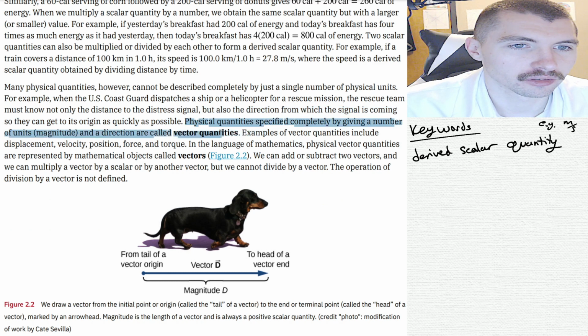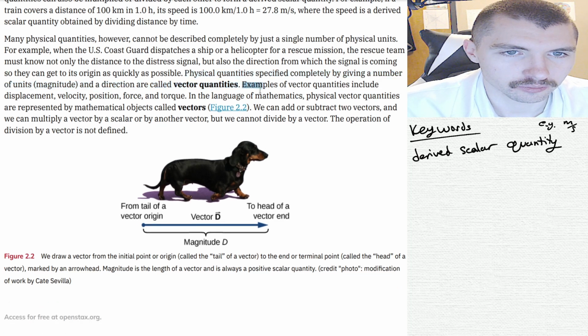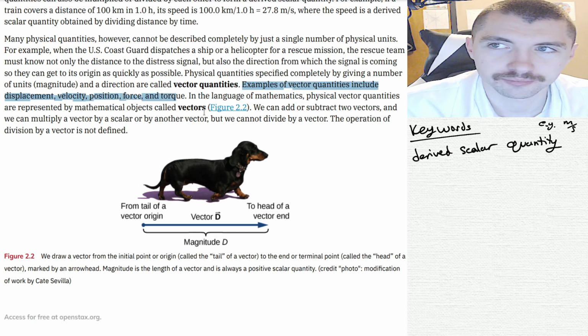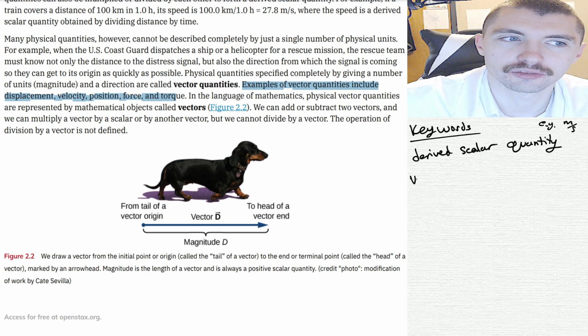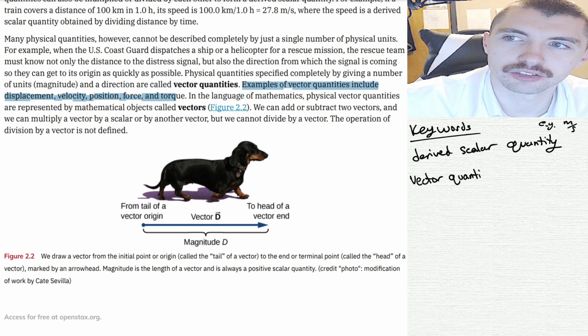So a physical quantity specified completely by a magnitude and a direction, a number of units and a direction, is called a vector quantity. Examples of vector quantities include displacement, velocity, position, force, torque. Right. Vector quantities.